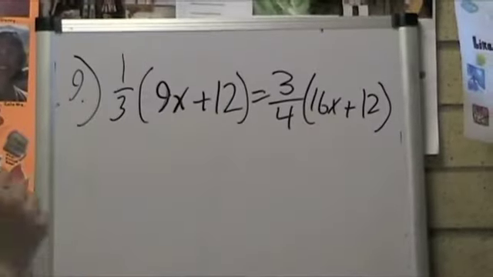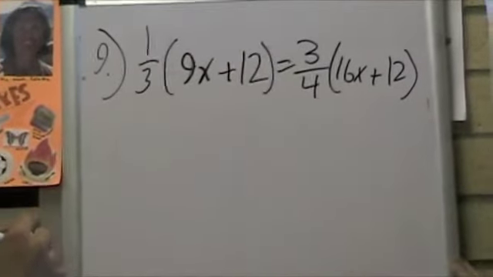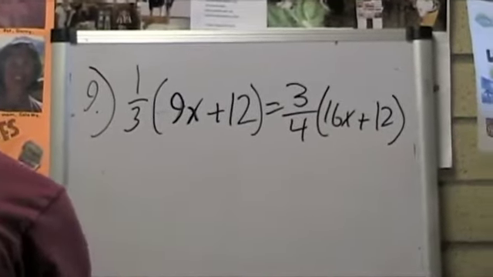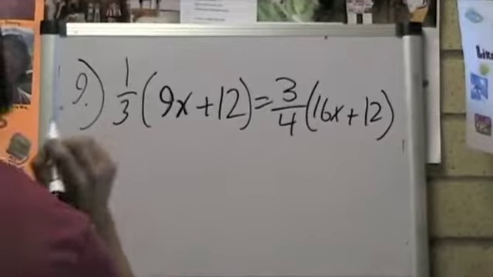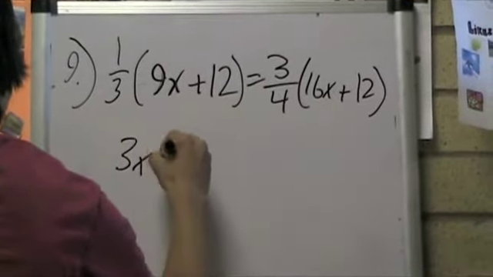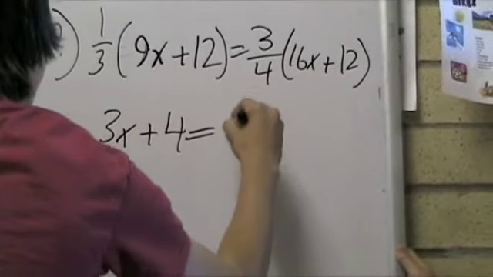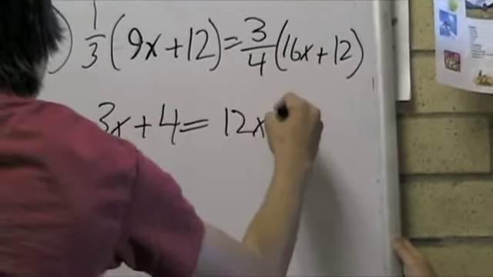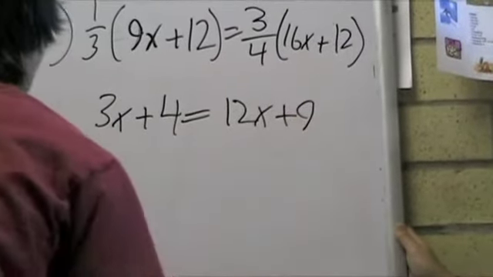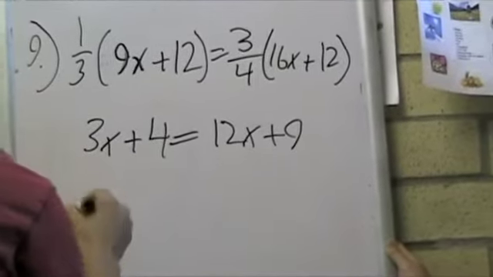A third of 9x plus 12 equals 3/4 of 16x plus 12. So use the distributive property, take out the parentheses, so you end up with 3x plus 4 equals 12x plus 9. From here, take away 3x from each side.